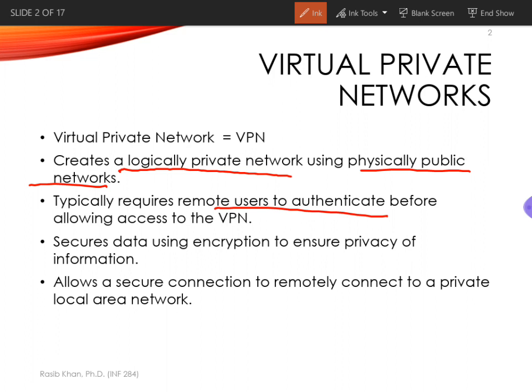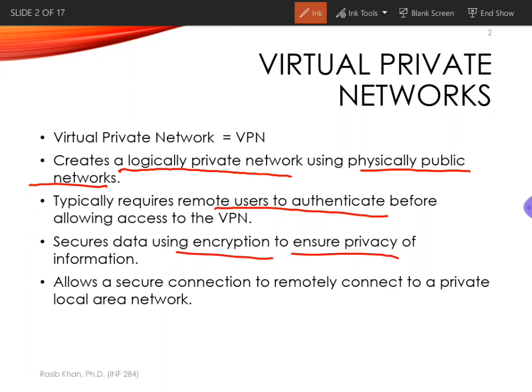The fundamental idea is to create a logical private network, and this network is encrypted so that privacy is ensured for all the information that is exchanged over the network.